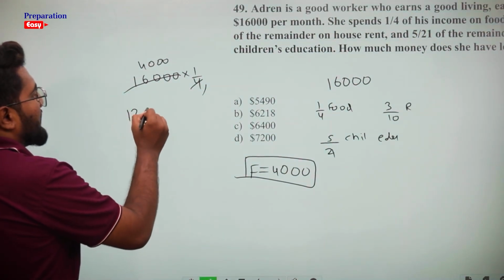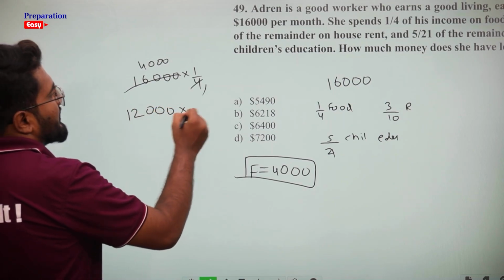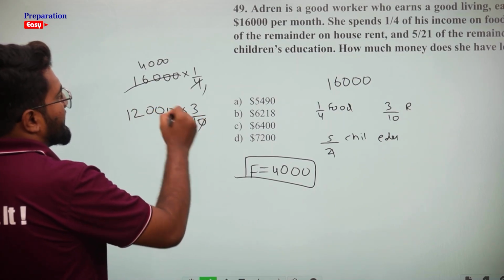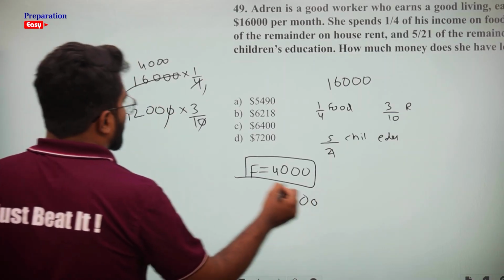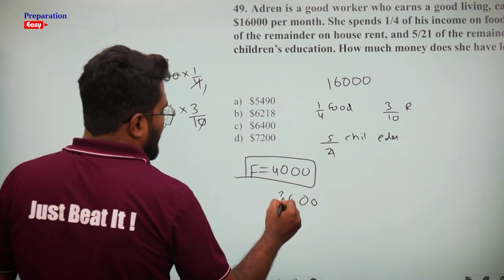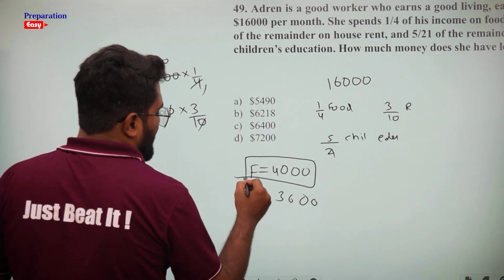Okay. Out of 12,000, she spent 3/10 on rent, that is equals to 1200 into 3, which is equals to 3600 on rent. Okay.